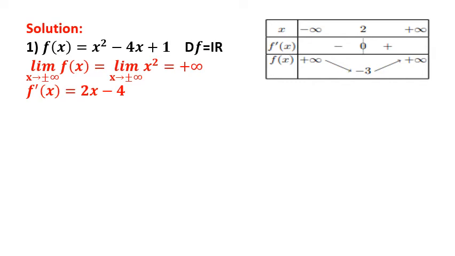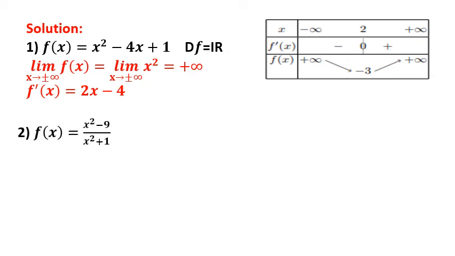The sign of f prime is the opposite sign of a, then the same sign of a. a is 2, it's positive, then the opposite sign of a is minus and the same sign of a is plus. When f prime is minus, then f is decreasing. When f prime is positive, f is increasing. The limit at minus infinity is plus infinity, and the limit at plus infinity is plus infinity. And we substitute 2 in f, we get minus 3, which is the minimum value of f.